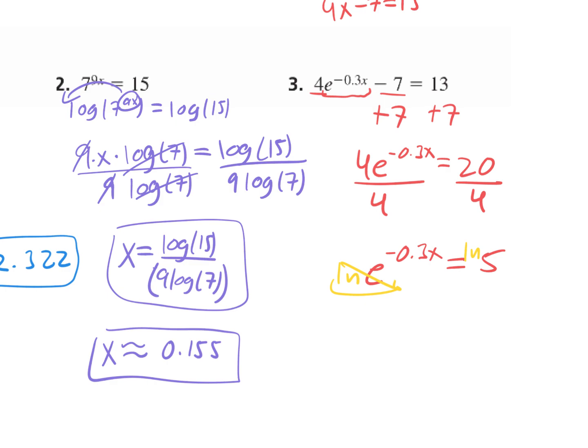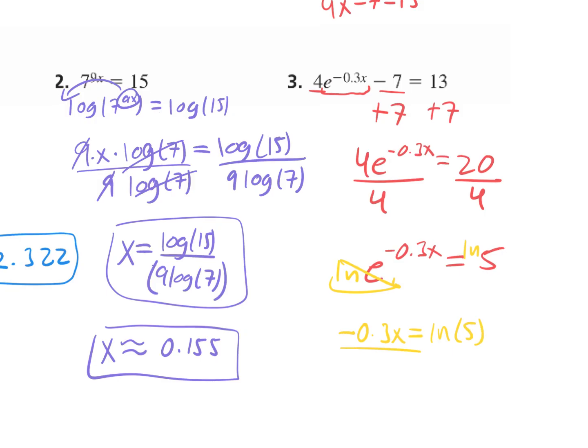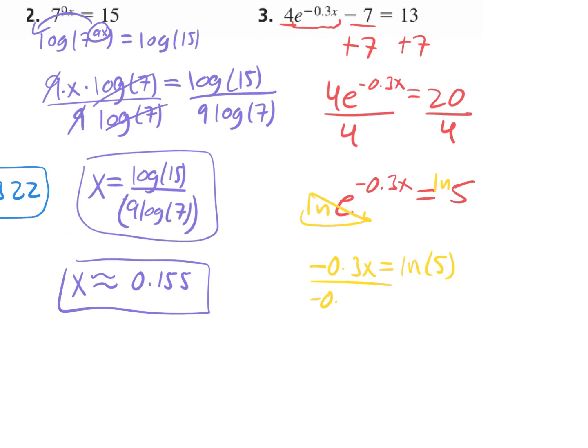So then you're only left with negative 0.3x equals ln of 5. All right, so then we can go ahead and divide both sides by negative 0.3. And then we get x equals negative ln of 5 over 0.3.